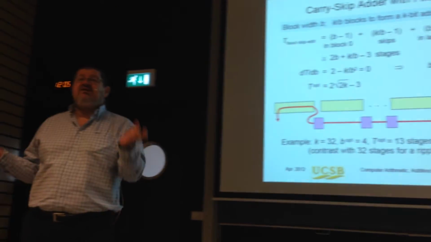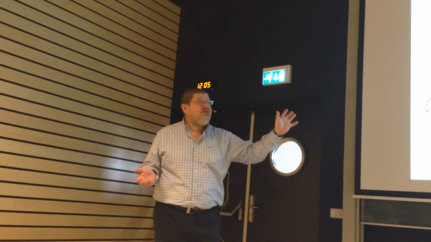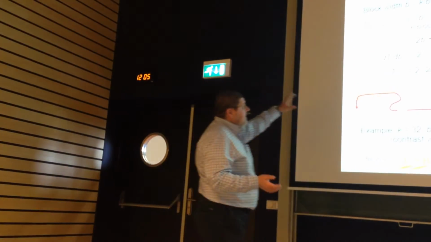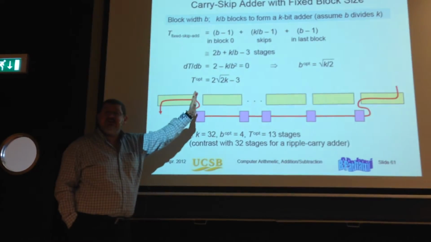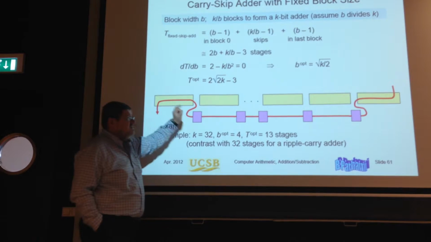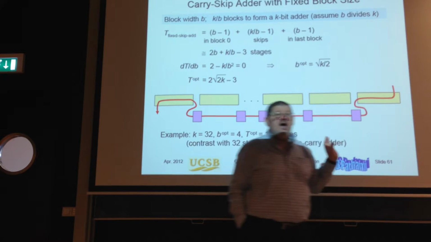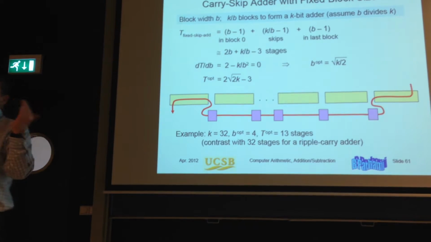We assumed that each block has b bits, so I would have k over b blocks, all of equal width. If I minimize the number of bits in the first and last blocks, I will actually win. But I have to stay within the same budget.